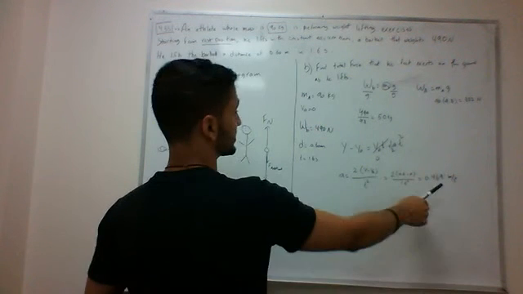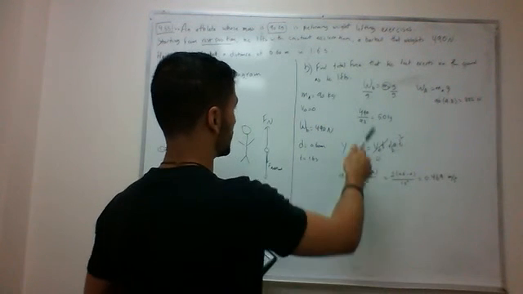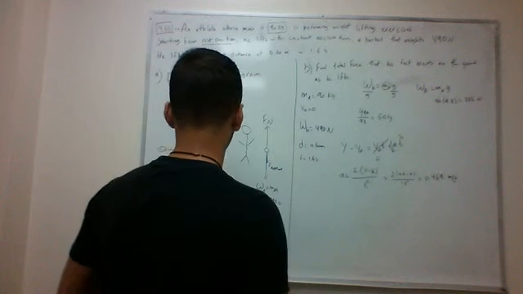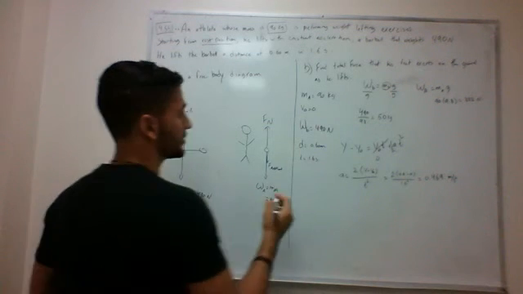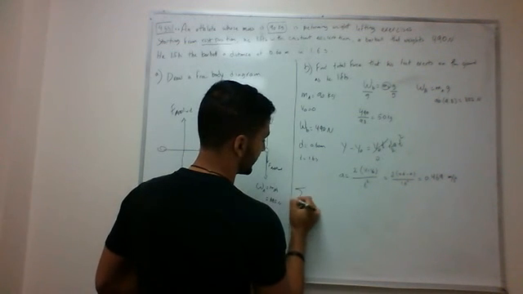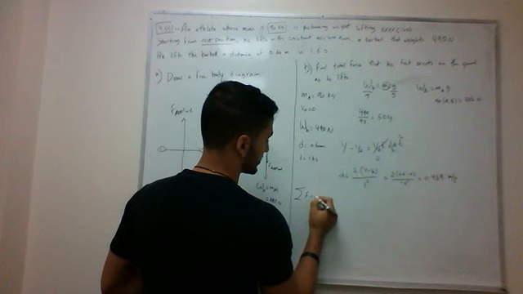So now we have the acceleration and we have the weight. Now we can use the formula of the sum of the forces equals ma.